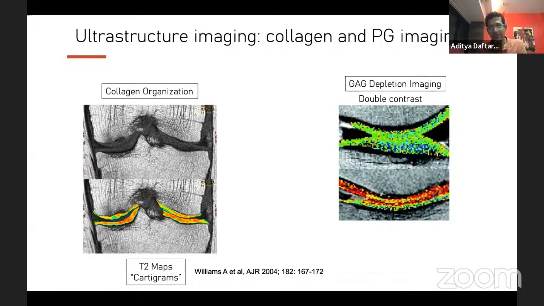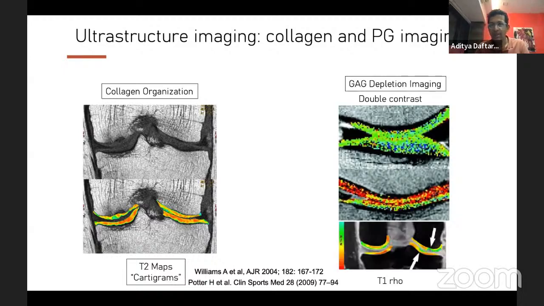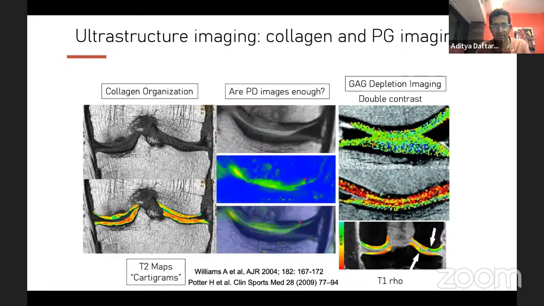Because contrast material is negatively charged and glycosaminoglycans are negatively charged, normally when you inject contrast, cartilage will not enhance so much. But if you have degenerating cartilage, you have fewer glycosaminoglycans, and the contrast will enter the cartilage and you will start to see increased uptake. So this is just physiologically what people talk about. And then there's another technique called T1 rho imaging, which also gives you a good idea of glycosaminoglycan content.